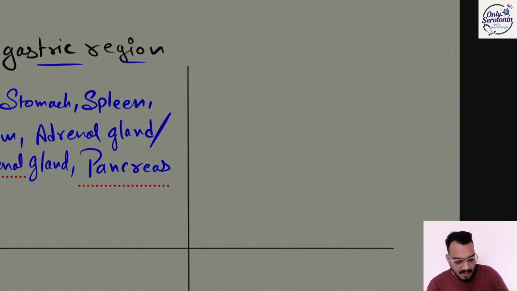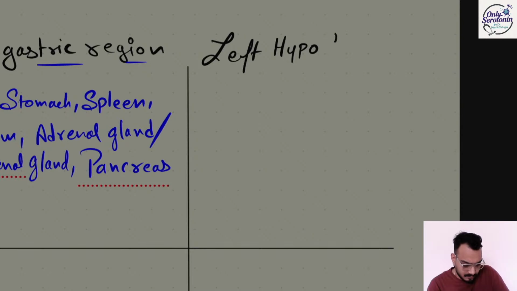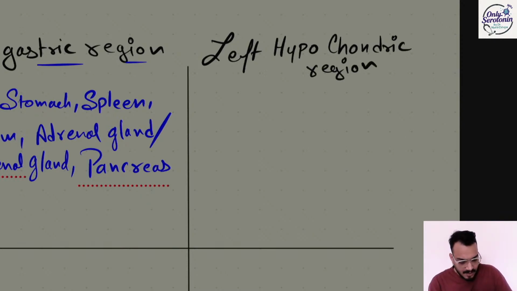Now we have the left hypochondric region. In the left hypochondric region, what all organs are present, guys?